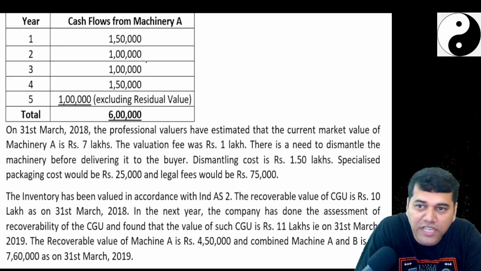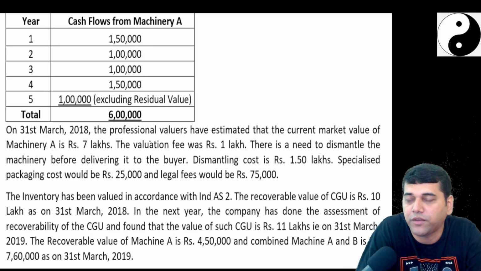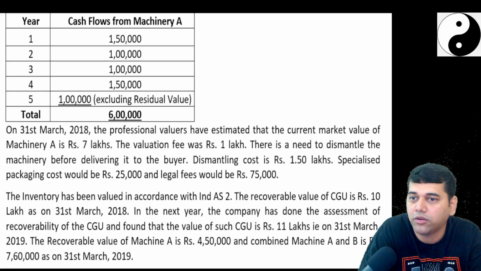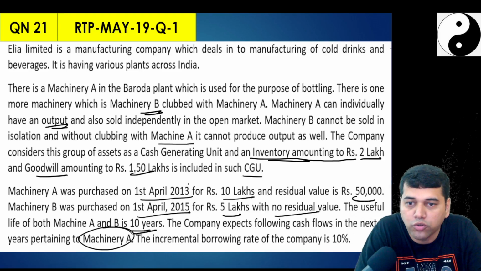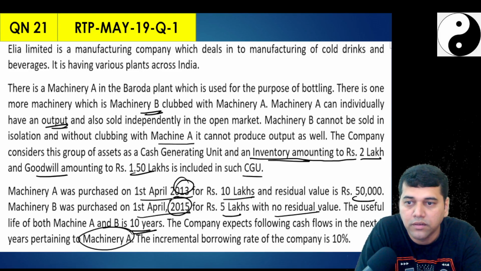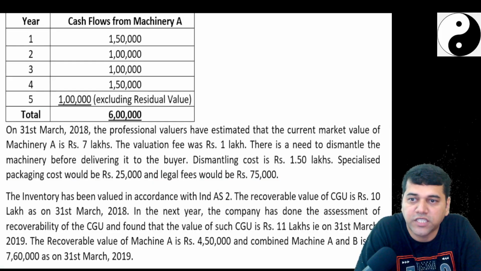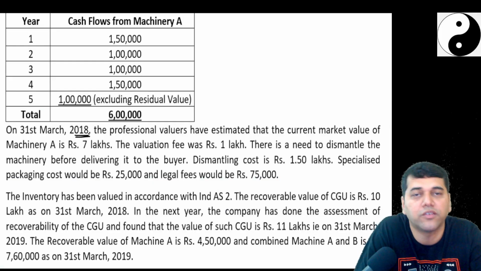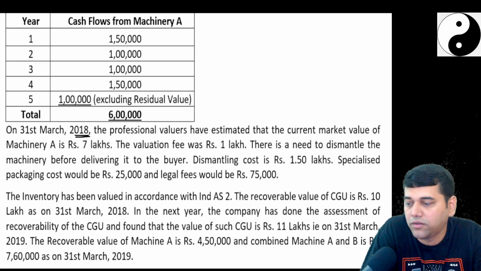So they have told you cash flows for years 1, 2, 3, 4, 5. Now which year are we in today? Here they told something: 2013, and today is 31st March 2018. How many years are over for machinery A?